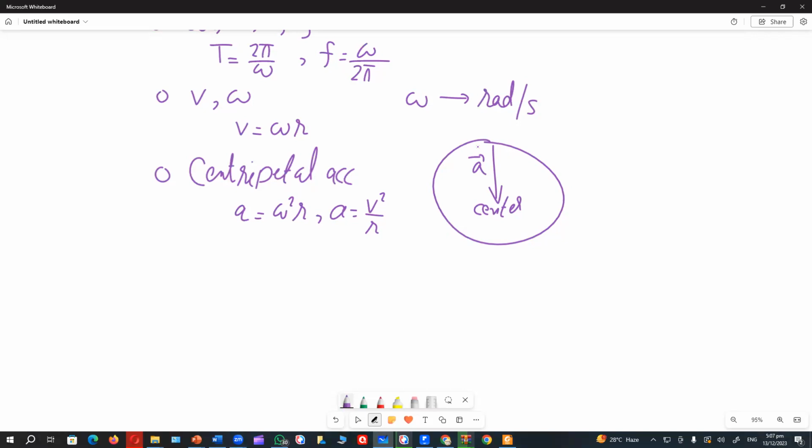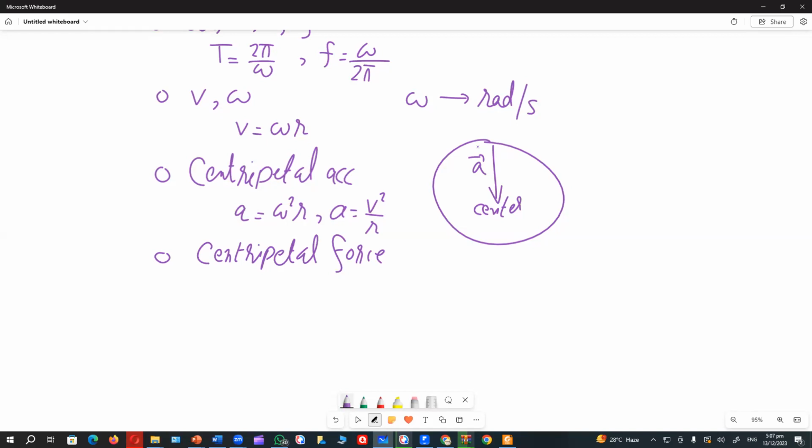After centripetal acceleration, my next title concept is centripetal force. The concept says that circular motion is not a natural motion. You have to apply a force.